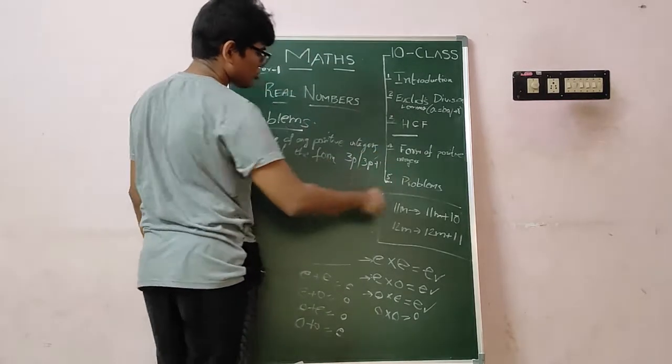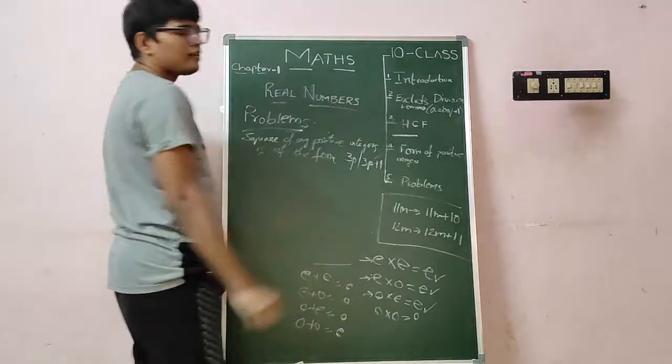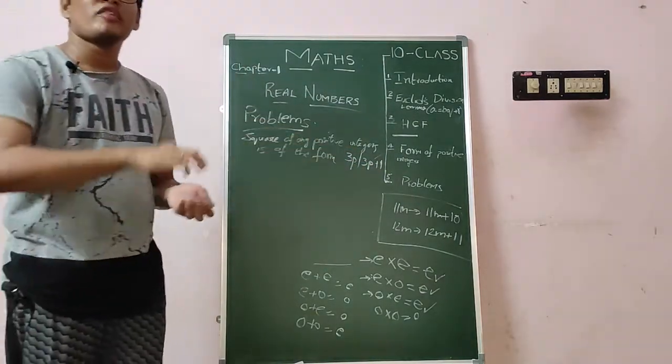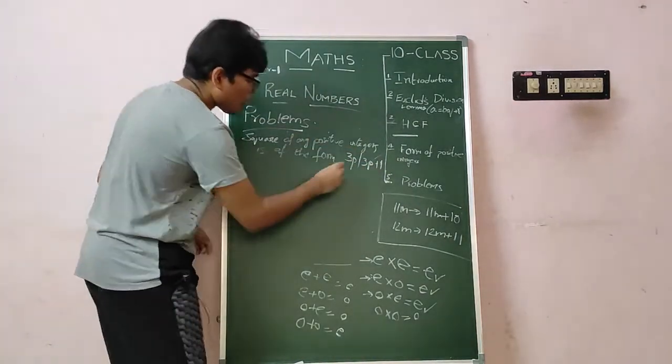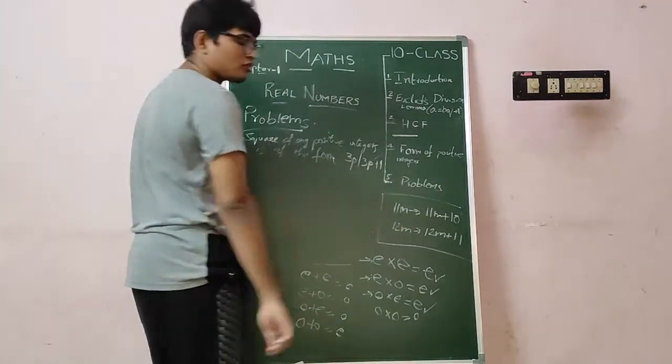So we need to show that any positive integer, when we square it, will be in the form of 3p or 3p plus 1.